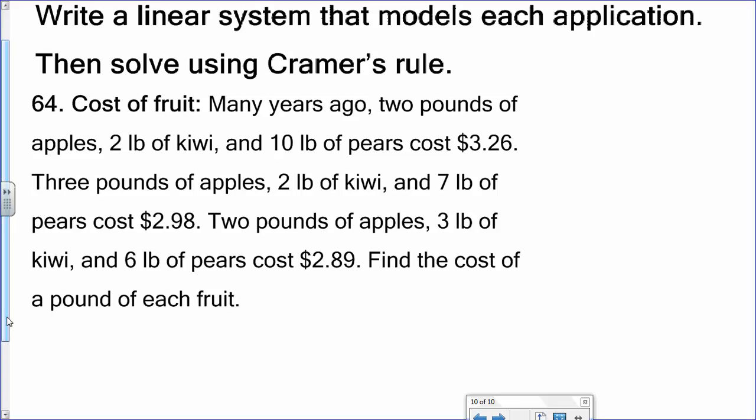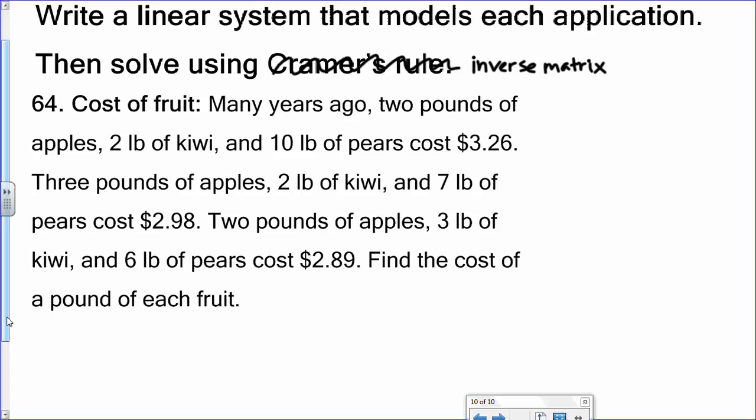We are going to use an inverse matrix. Okay, so we want to define the variables, write the equations, set up the system, and then we'll do the solving using the matrices.